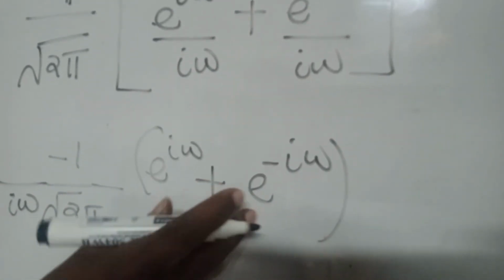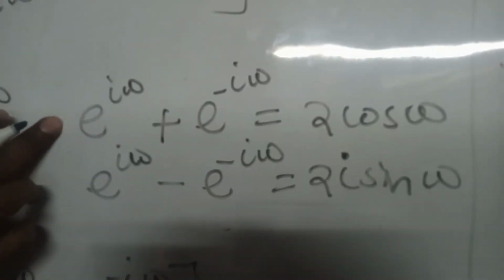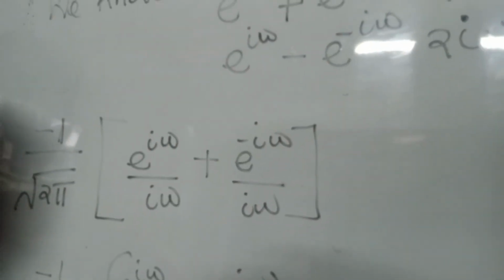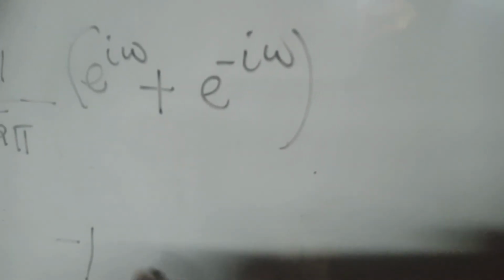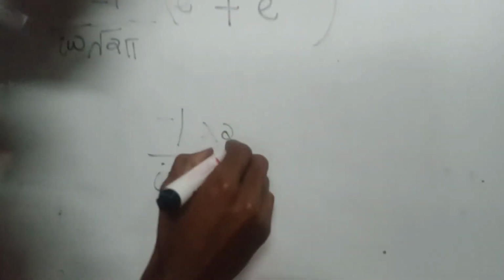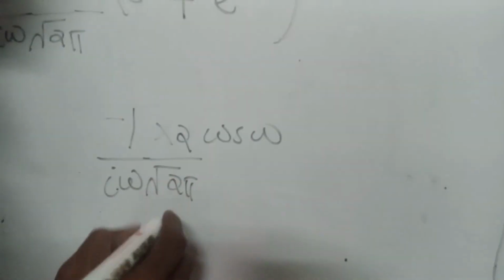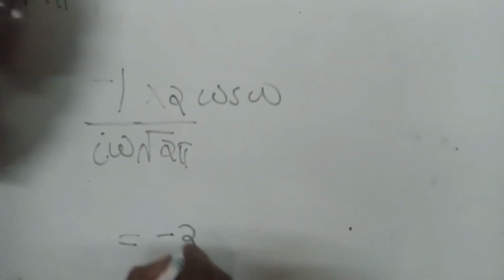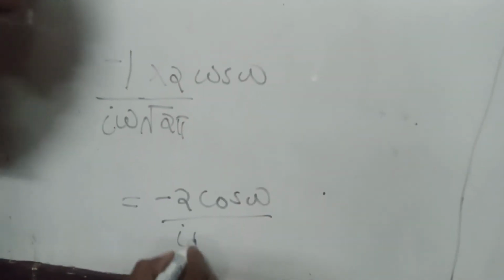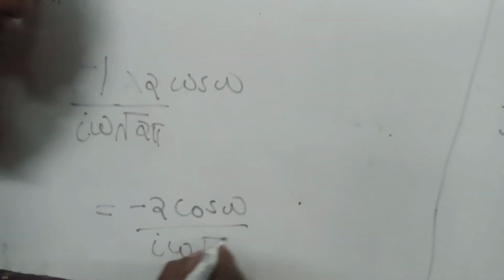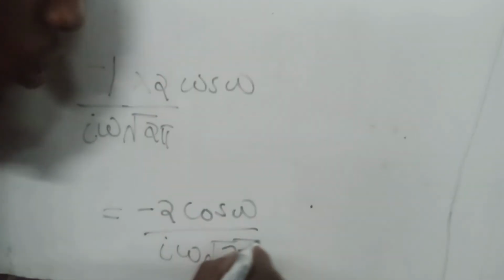So when we look at this one and this one, they are equal. So now we come and say negative 1 over i omega square root of 2 pi times 2 cos omega, which is equal to negative 2 cos omega over i omega square root of 2 pi.